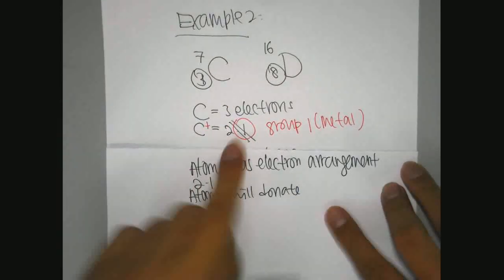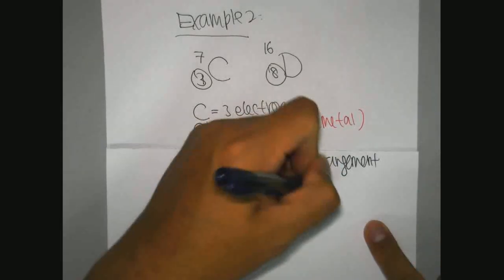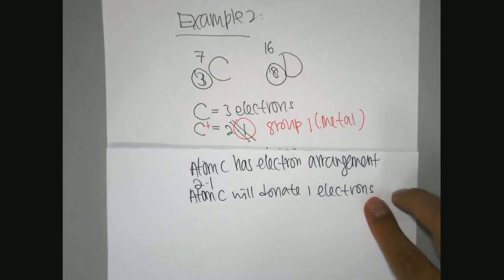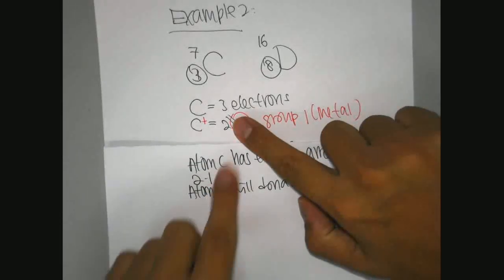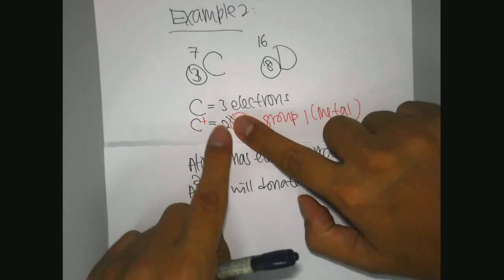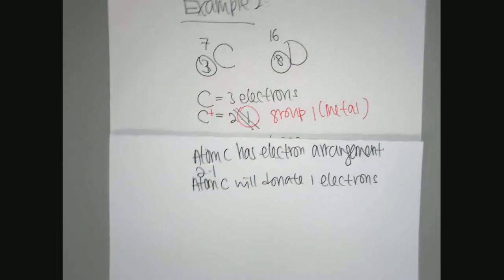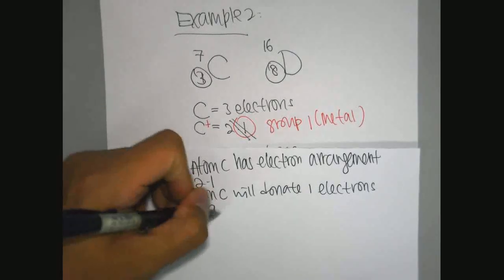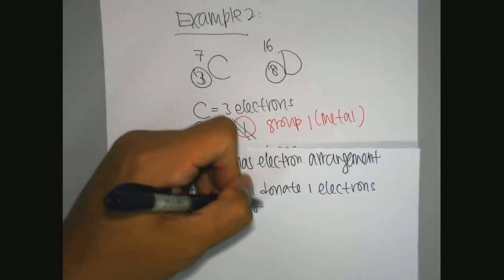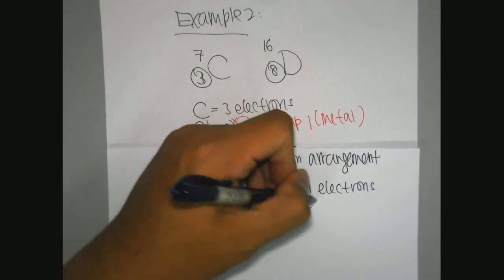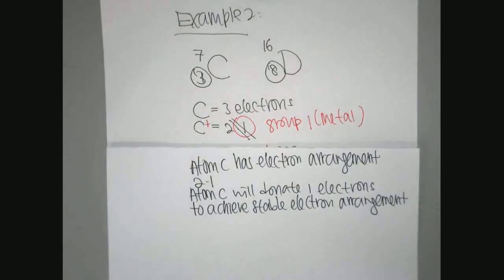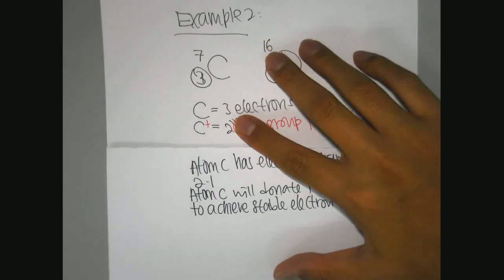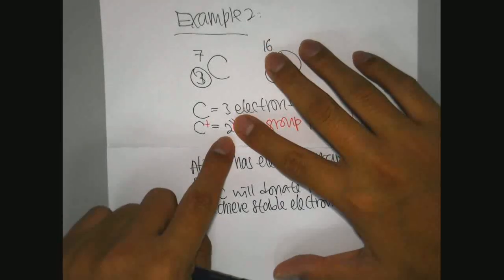As we can see, 1. Why does atom C want to donate the electron? Atom C wants to donate the electron because it wants to be 2. 2 means that you have a duplet, or in other words, you want to be stable. So atom C will donate 1 electron to achieve stable electron arrangement. If you don't want to write stable electron arrangement, you also can write duplet, because if we only have one circle and the circle has only 2 electrons, that is called duplet.